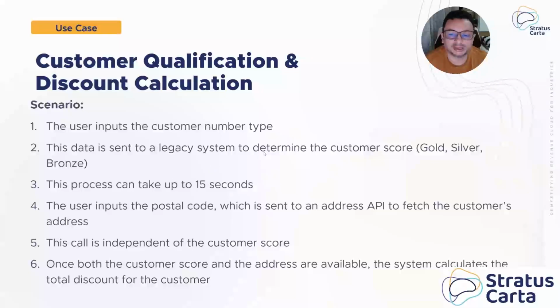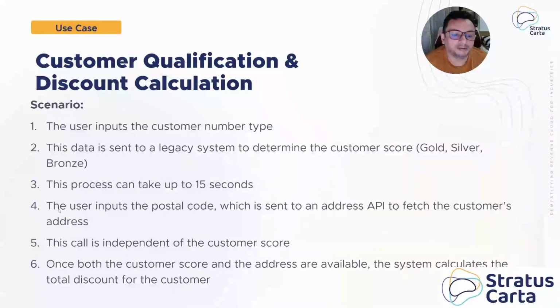We send it to a legacy system to get the score from the customer, which can be gold, silver, or bronze. These APIs can take up to 15 seconds.